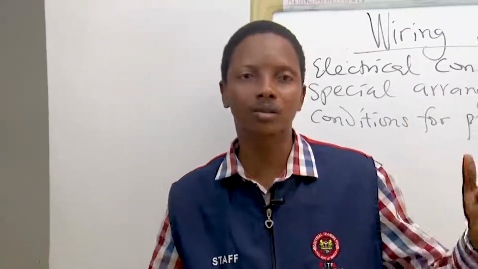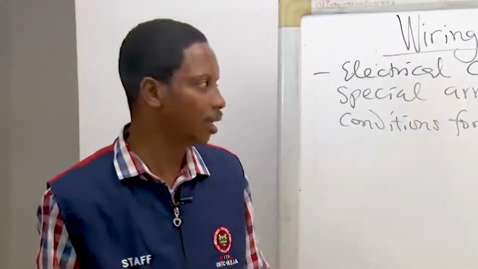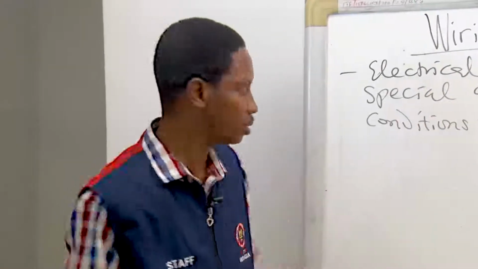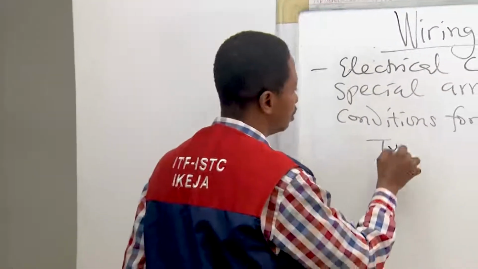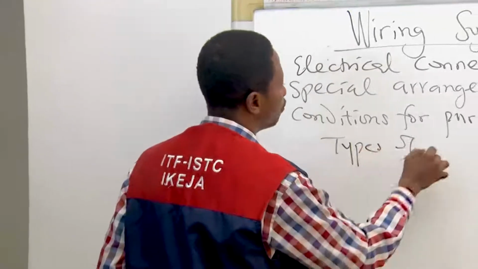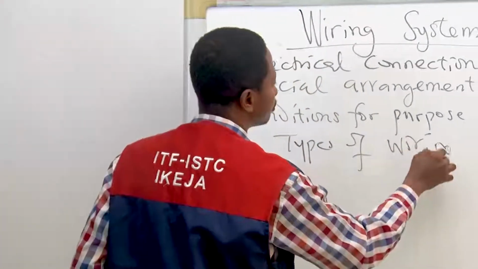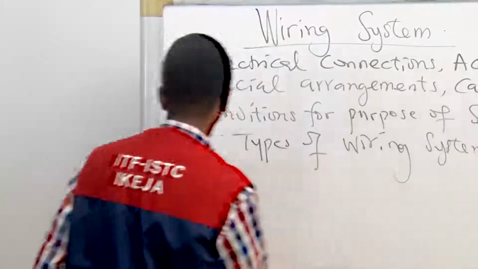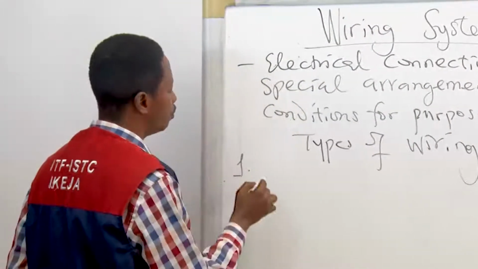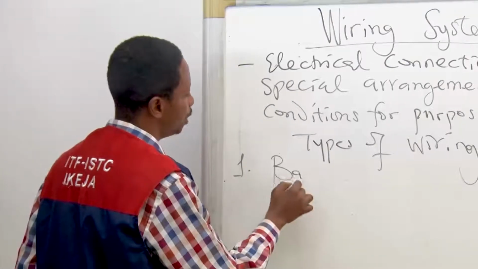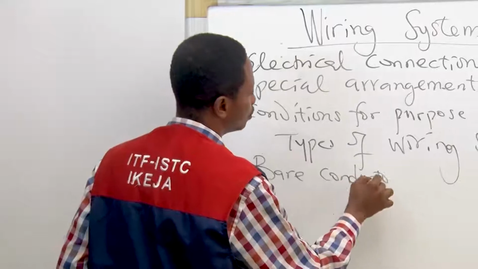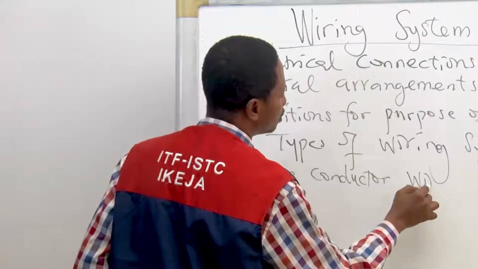So all these combined together determine the type of system we are going to use. Types of wiring system. The first one is what we call bare conductor wiring system.